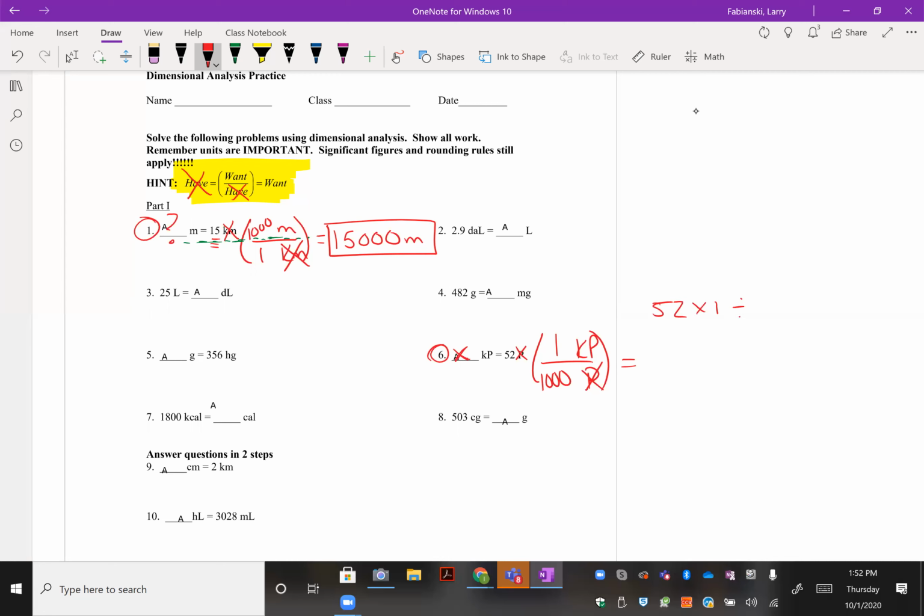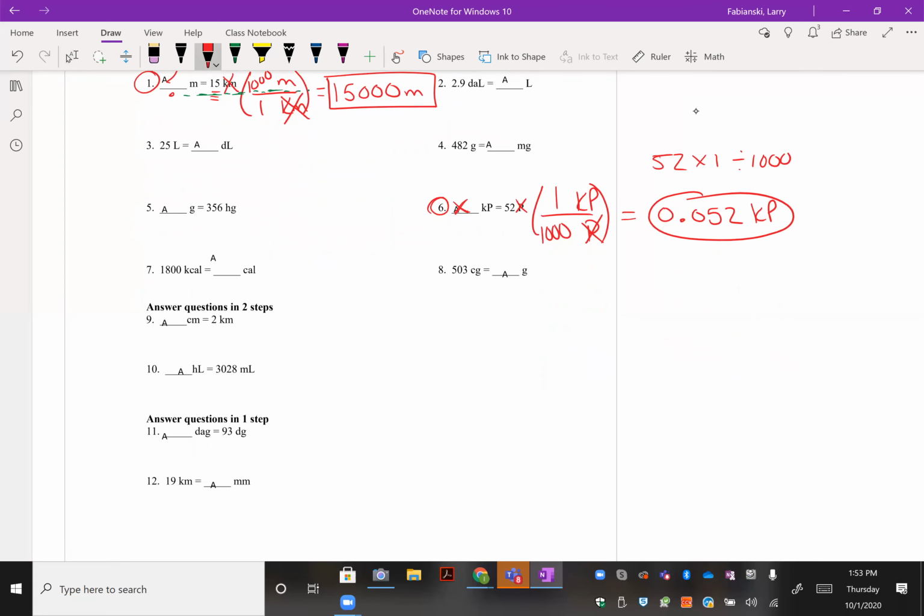Everything on the bottom is divided by, and we divide by 1,000. Doing this, we get an answer of 0.052 kilopascals. All right.